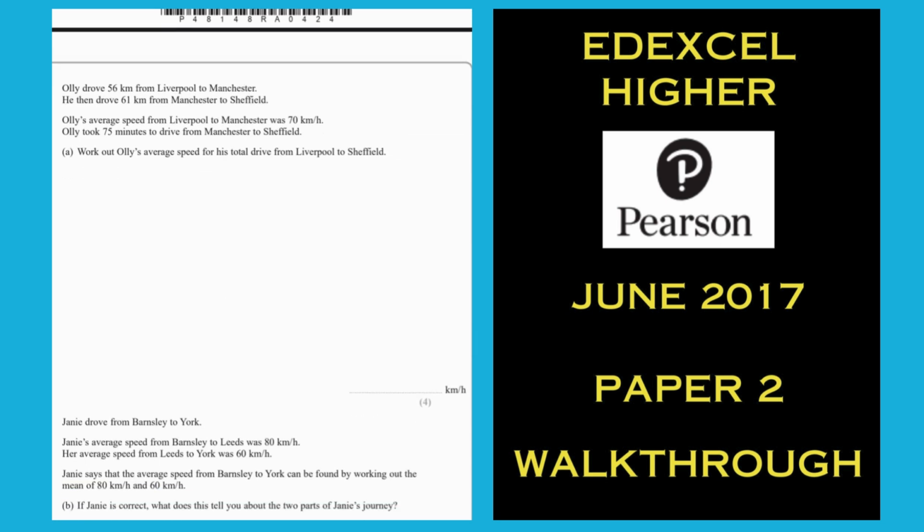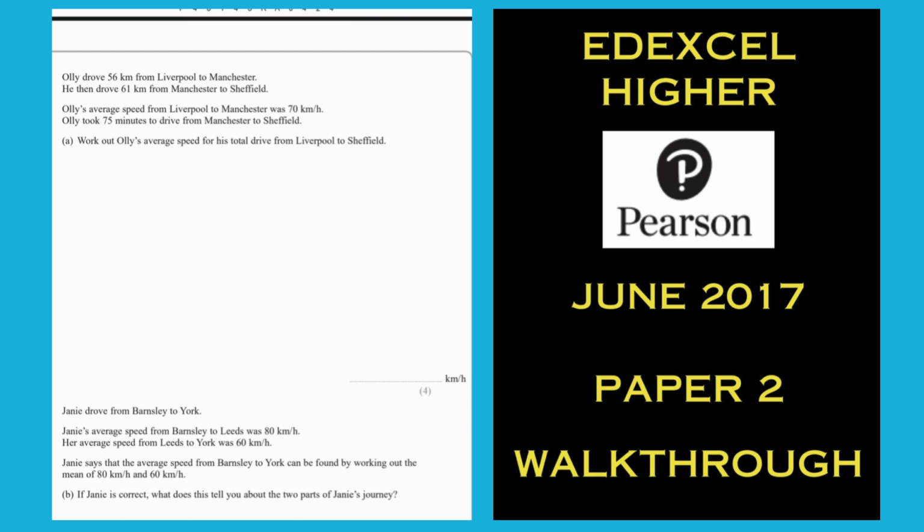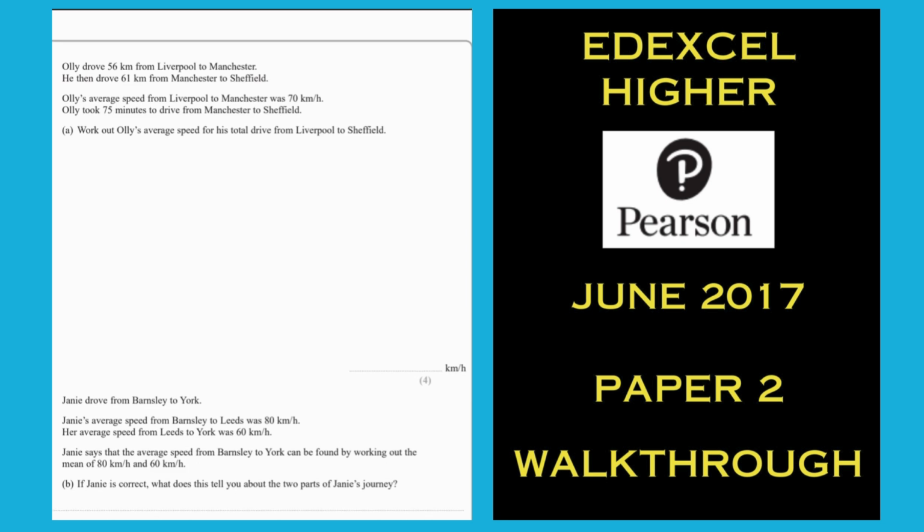Number 4, we've got Ollie going to Manchester, Sheffield, and so on, and from Liverpool. So, as usual, these wordy questions, always remind yourself of the compound measures, distance, speed, time, or SOHCAHTOA if you're using it, or indeed density, mass, volume.